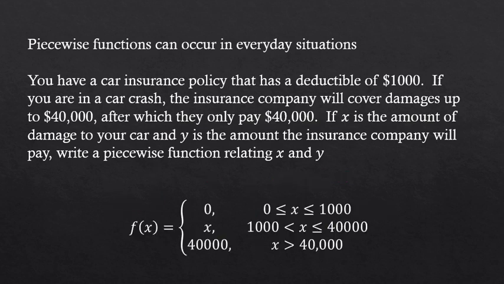And that is our piecewise function in this particular case. So we see that we can come up with a real life situation and come up with a piecewise defined function to represent real life situations here.